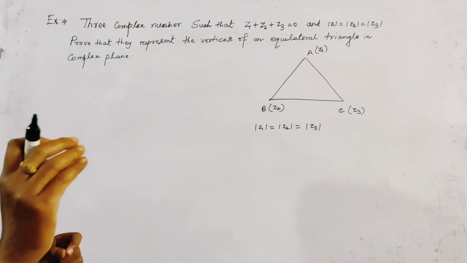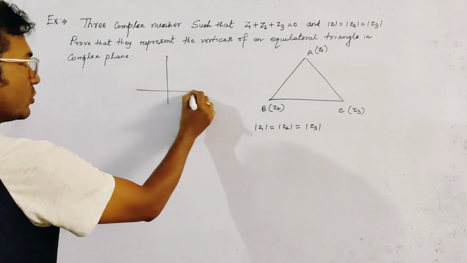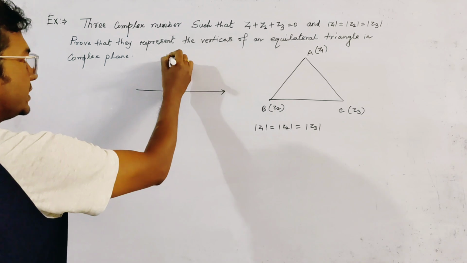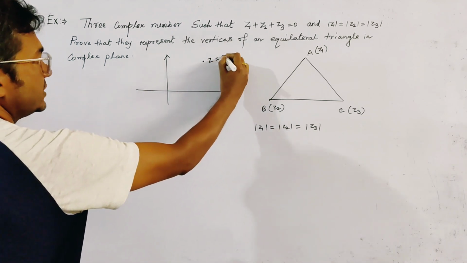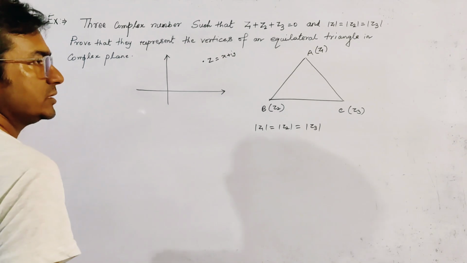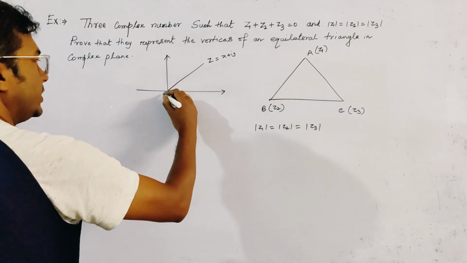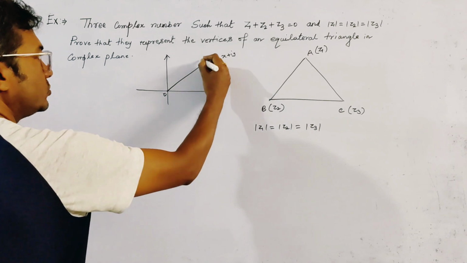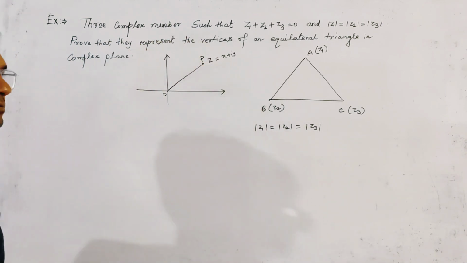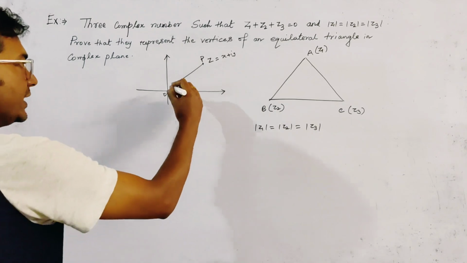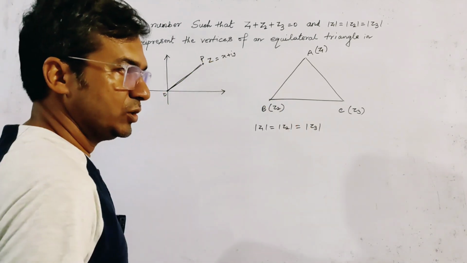What do we mean by the mod of any complex number? If we draw the complex plane, this is the real axis, this is the imaginary axis, and this is Z, x plus iy, and the modulus is the distance from the origin to the point P at which the complex number lies. And this distance is equal for the three complex numbers.